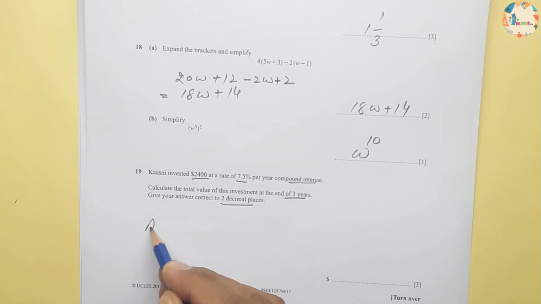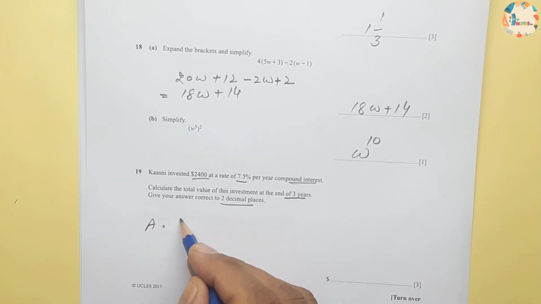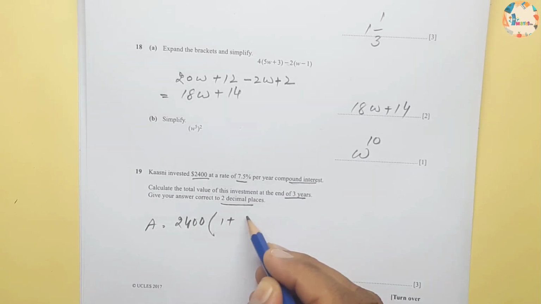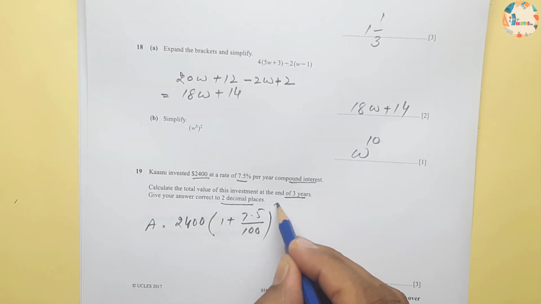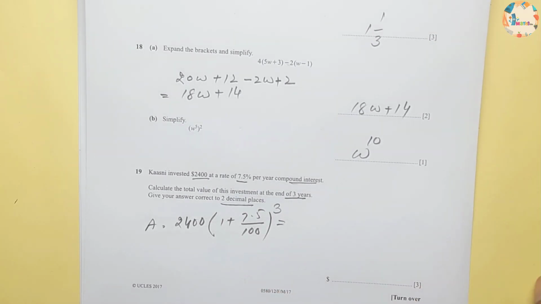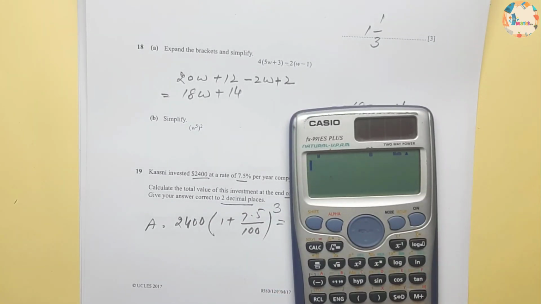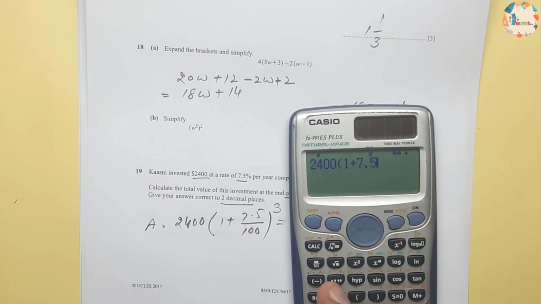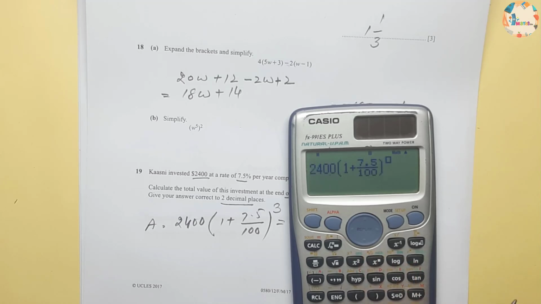So the amount will be equal to the principal amount, which is 2400, into 1 plus rate, which is 7.5 over 100, raised to the power of the duration, which is 3 years. So we can calculate 2400 into 1 plus 7.5 divided by 100, and this raised to the power 3.